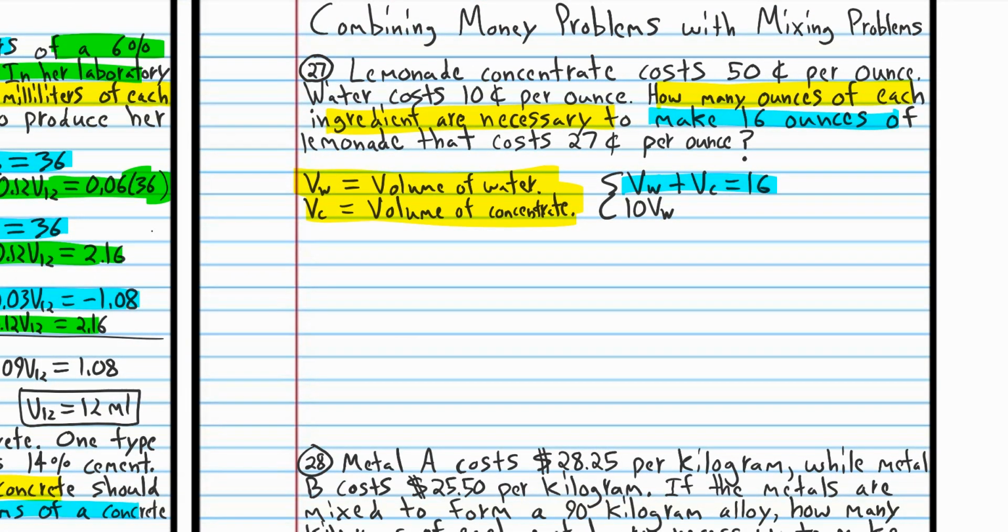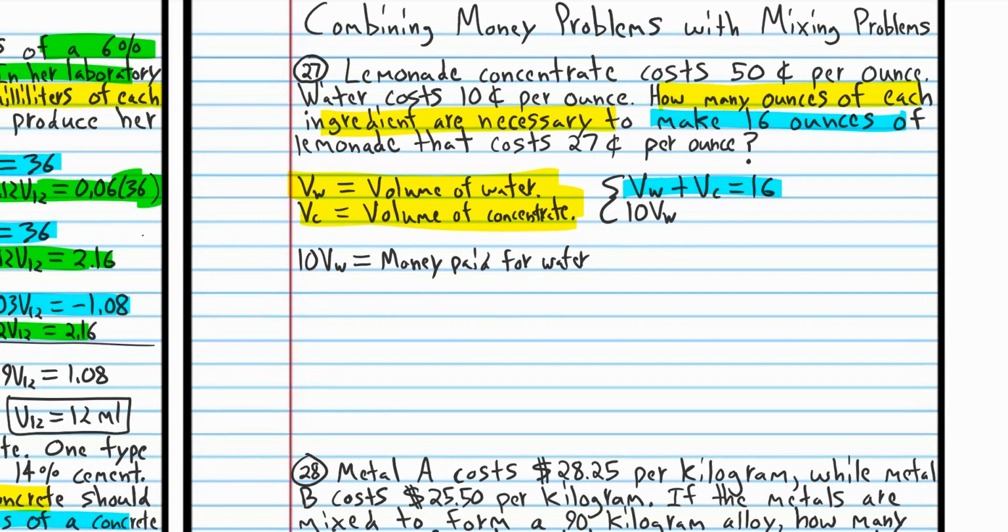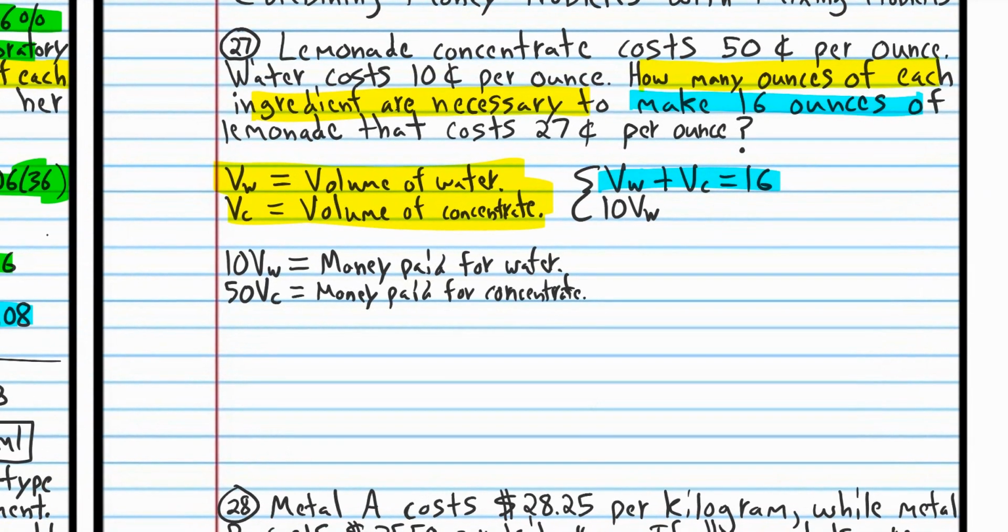So this is the amount of money we're paying for water. I should go ahead and write that over here. So money paid for water, and the lemonade concentrate is 50, so 50 VC is the money paid for concentrate. So we're going to take the money paid for water and add it to the money paid for the concentrate.